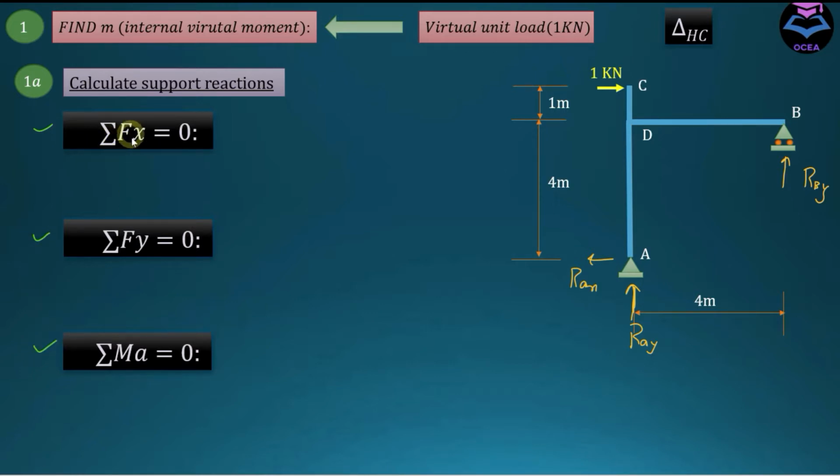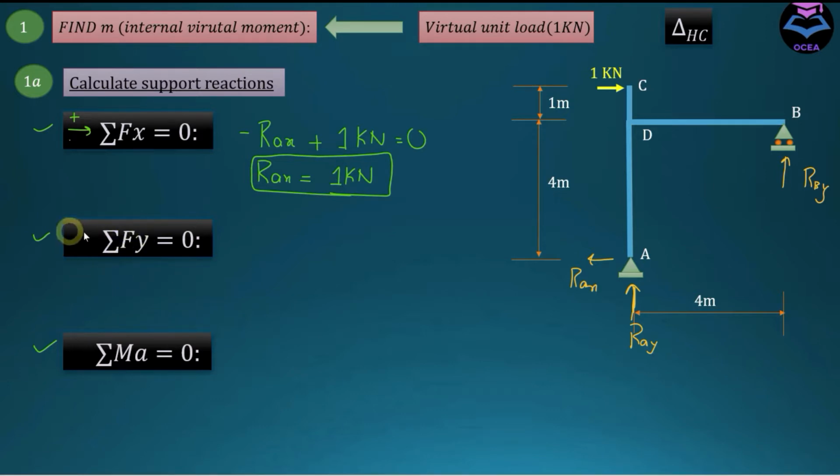So the first condition is summation of Fx, summation of forces in the x direction. We are going to take rightward force as positive, then RAX is going to be negative, and this 1 kilonewton is going to be positive. And RAX from here is coming out to be equal to 1 kilonewton.